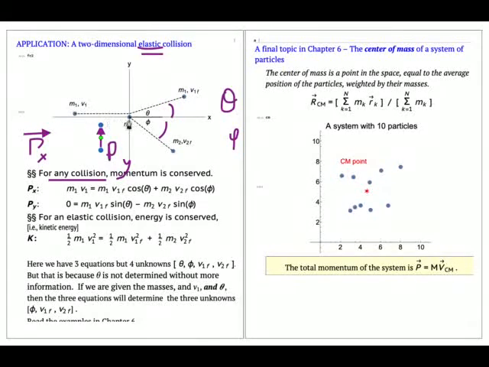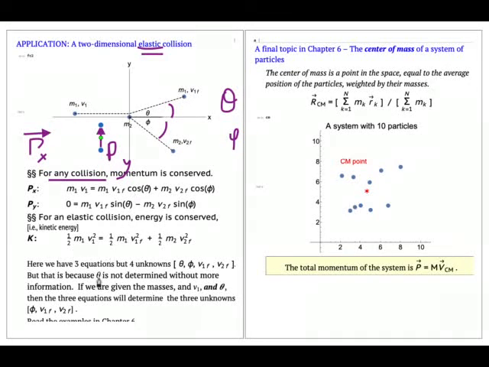Suppose I take the masses as known, and the incident particle, its speed is known. Then the unknowns are v1 final, v2 final, theta, and phi. I have more unknowns than I have equations, but that's because theta is not determined by these conservation laws alone.